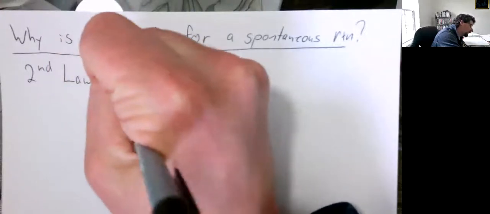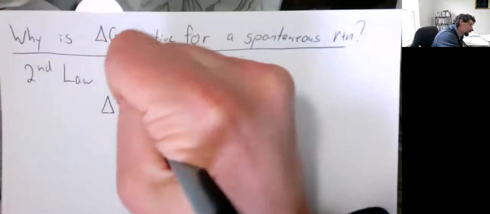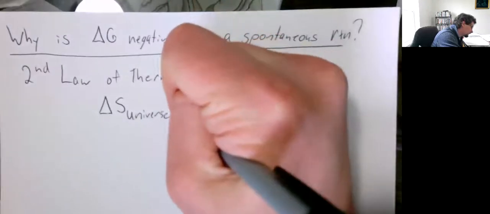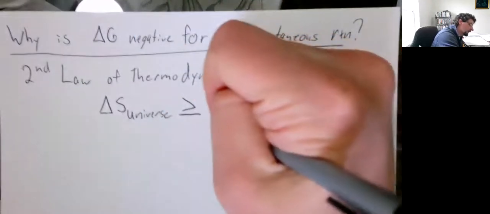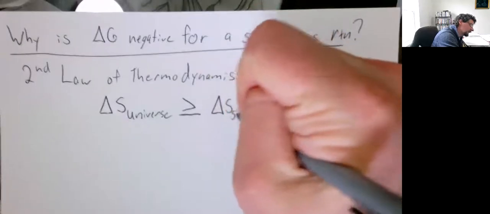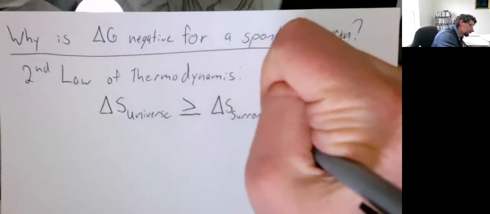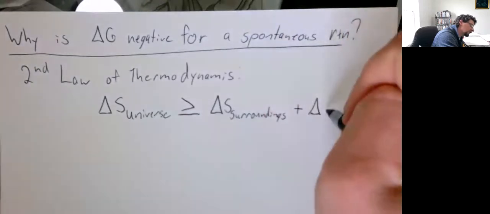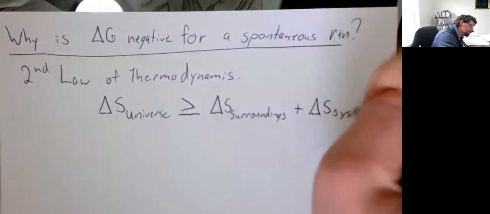And what you can find is delta S of the universe must be greater than or equal to the change in entropy of surroundings plus the change in entropy of the system.